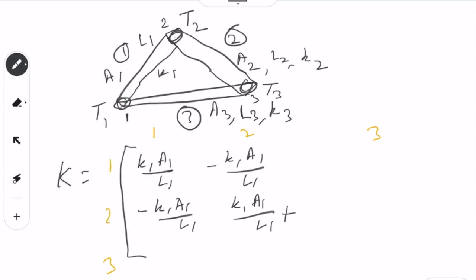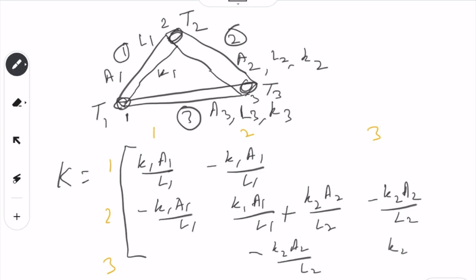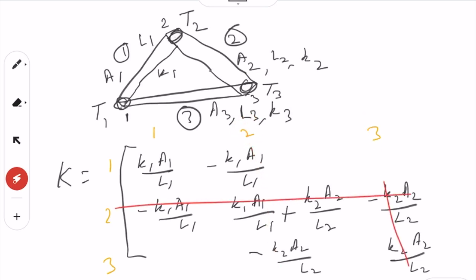So we will have here K2 A2 over L2, then minus K2 A2 over L2, then minus K2 A2 over L2 plus K2 A2 over L2. So this we have done, which was between 2 and 3. Hence we have this one written there.